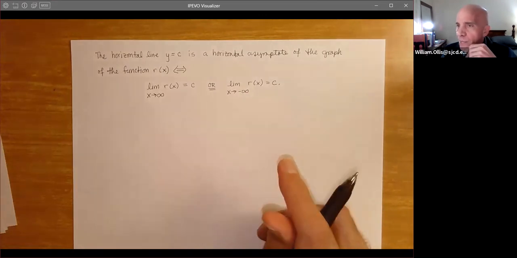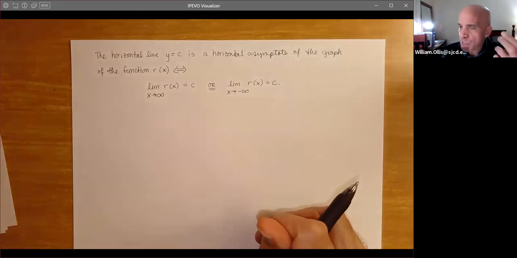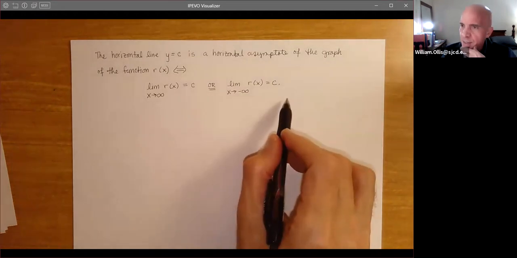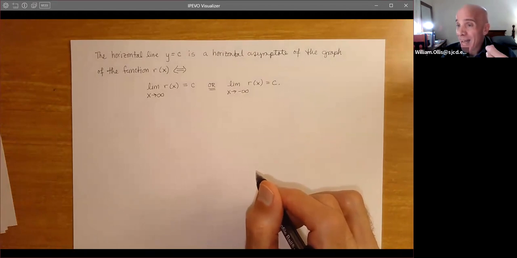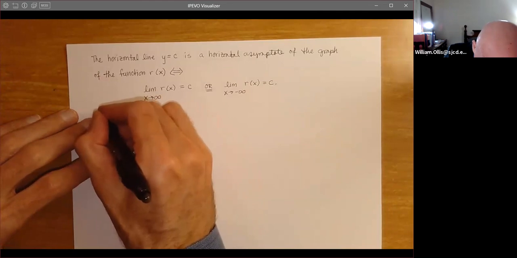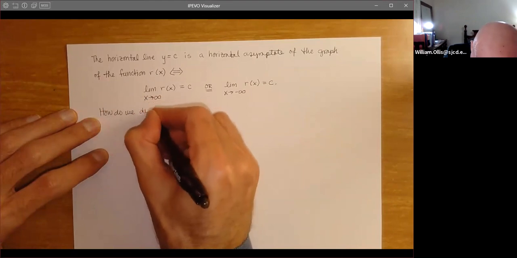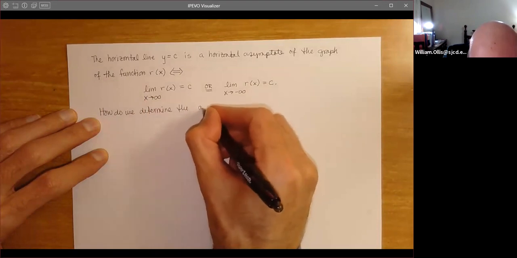When we did the vertical asymptotes, we just basically looked for zeros in the denominator that aren't zeros of the numerator. So how do we figure out the c part for horizontals? We have to go back to how we define N and D basically as polynomials. So here's how we figure out. Okay, so how do we determine these asymptotes?